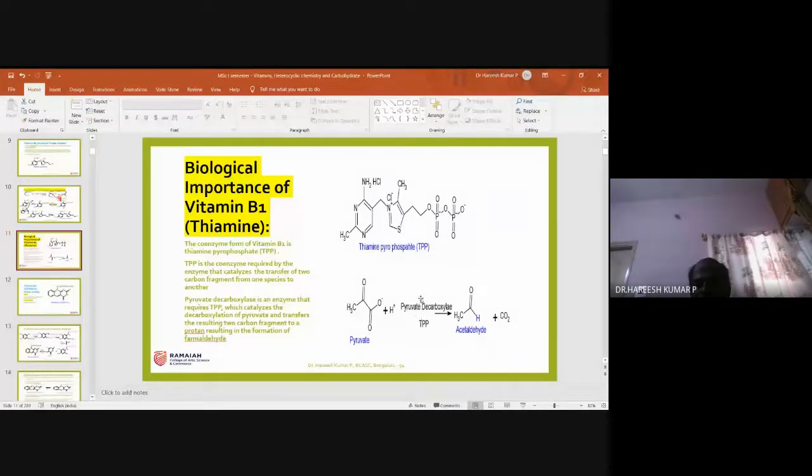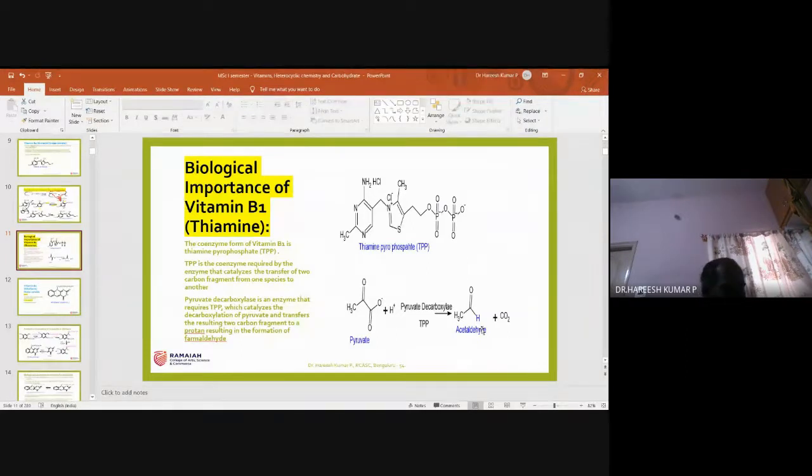This transfers a 2 carbon unit to the substrate. So what is happening here? Decarboxylation is going out. And what is the 2 carbon unit? CH3CO. CH3CO is transferred to the proton. That is how acetaldehyde is obtained. This is about the biological importance.